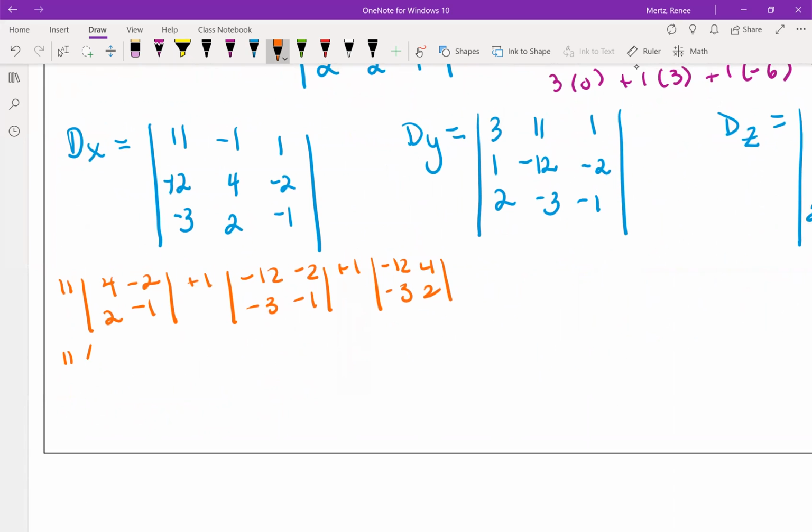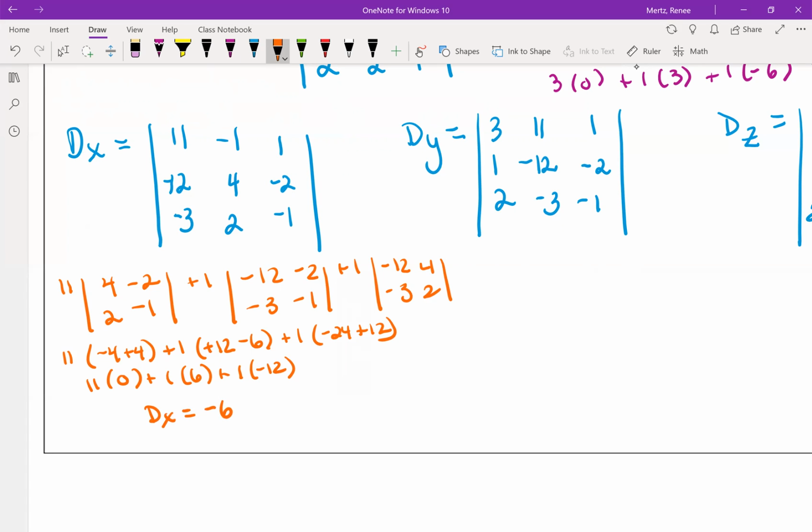So we get 11 times negative 4 plus 4, plus 1 times positive 12 minus 6, plus 1 times negative 24 plus 12. 11 times 0 plus 1 times 6 plus 1 times negative 12. Ideally, it's going to be a multiple of 3. 6 minus 12 is negative 6. So D of x equals negative 6.